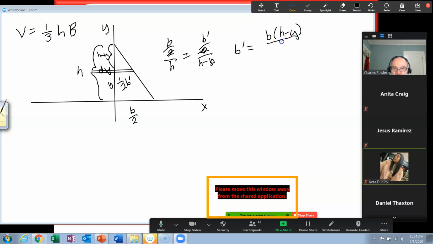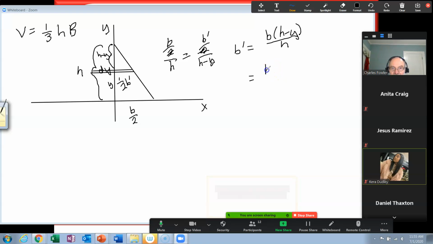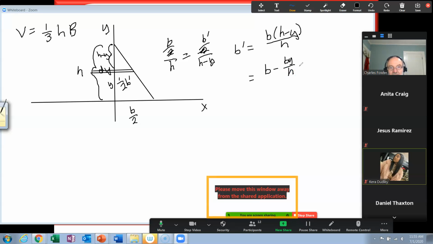And then we were dividing both sides by the h to get b prime in terms of y, where b and h are both constants. Well, I don't know if it's helpful, but we could write that as b minus by over h. Okay?